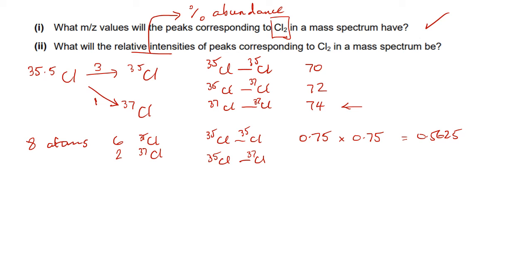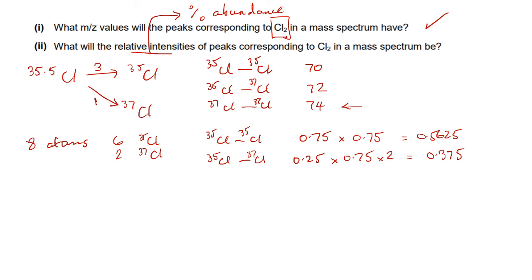So that is going to be a 0.25 chance of getting a 37 times a 0.75 chance of getting a 35, but we can do that either way. So we multiply that by 2, and that gives us a probability of 0.375.